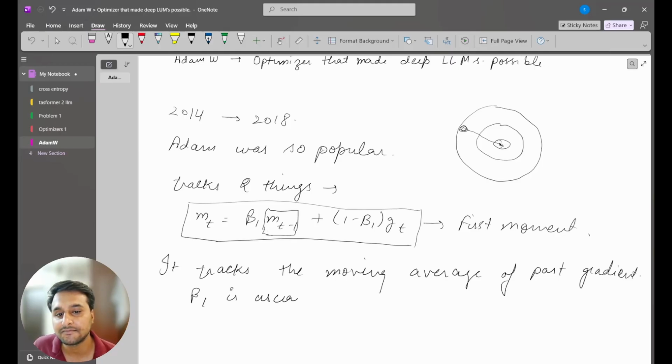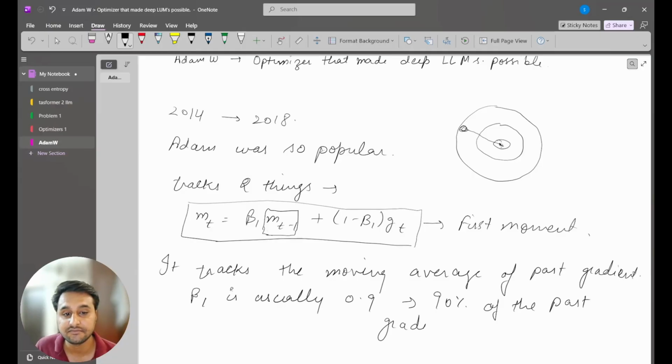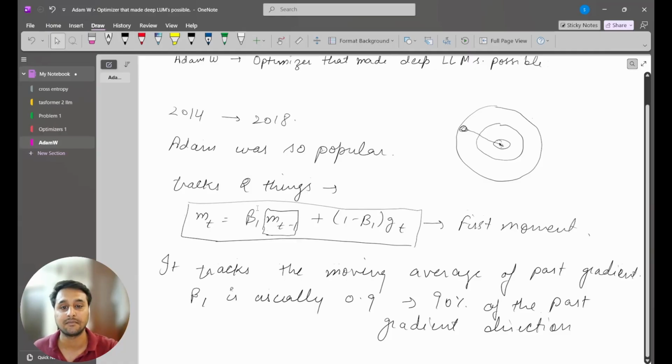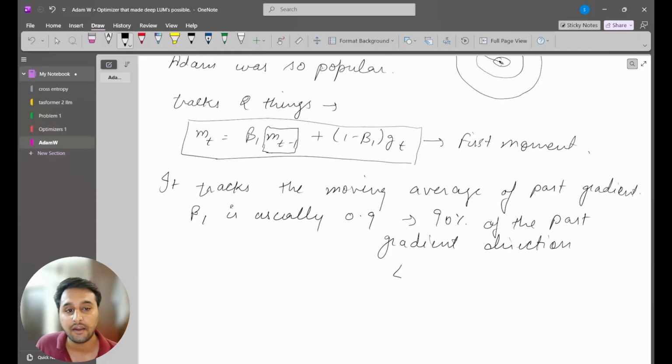Beta1 is usually 0.9. It means 90% direction of the past gradient, and 10% to the current gradient.